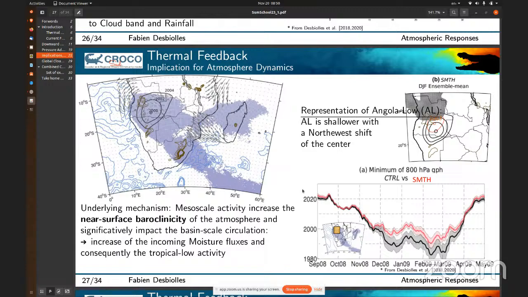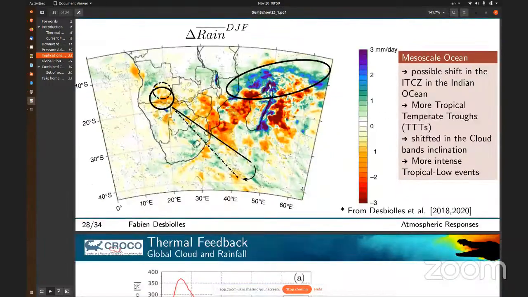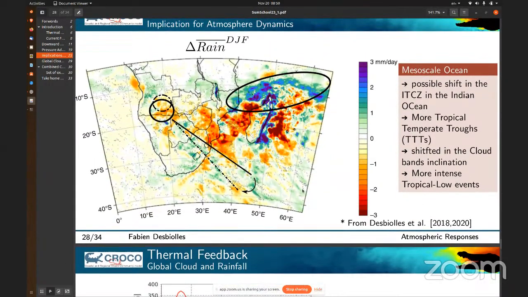And obviously, this is very important for rainfall, and this is the main difference in terms of rain between the two simulations. And what we see especially is that in the Angola low region, it's raining way less if the atmosphere doesn't see the mesoscale activity.